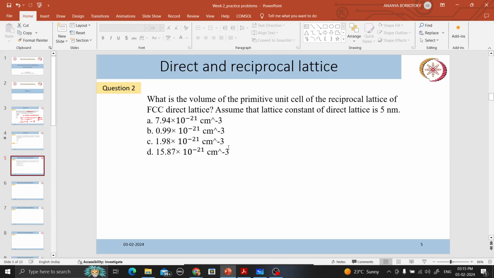So can someone tell me what will be the steps for this question?